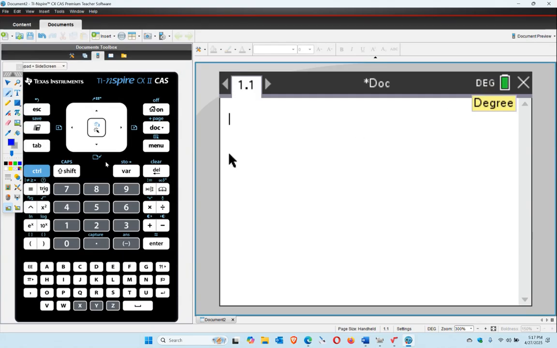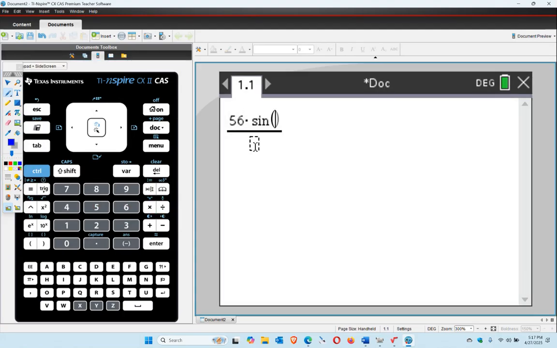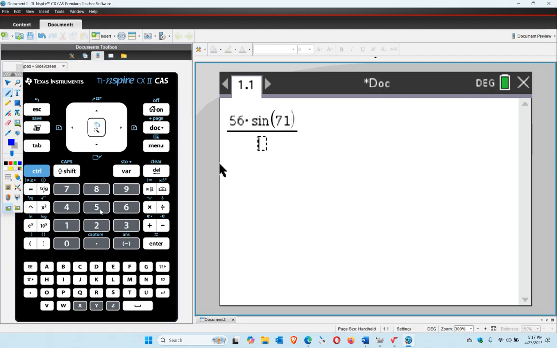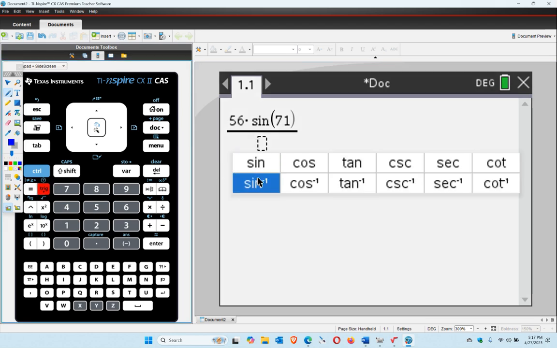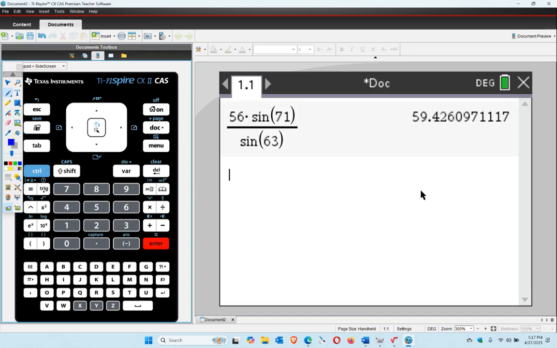So, 56 times the sine of 71, so 71 degrees, that means degrees is what I'm plugging in, and sine of 63, I believe.